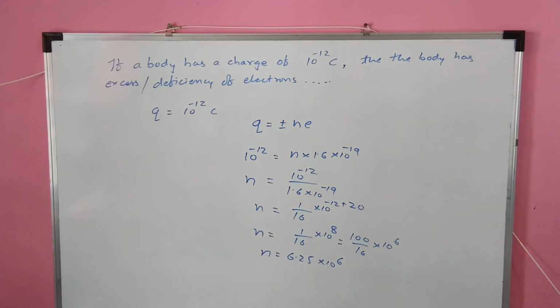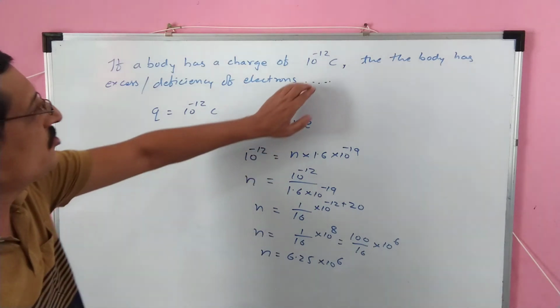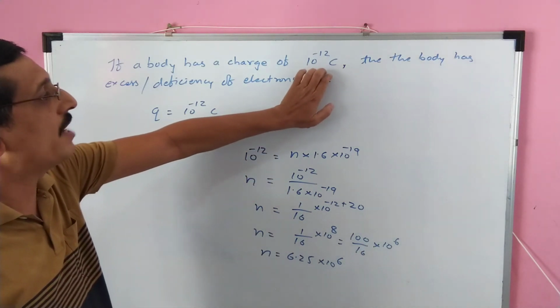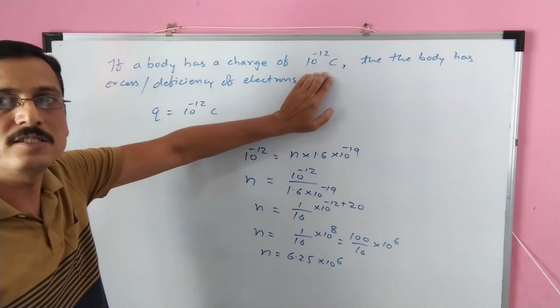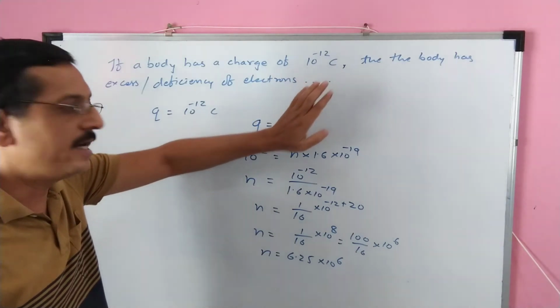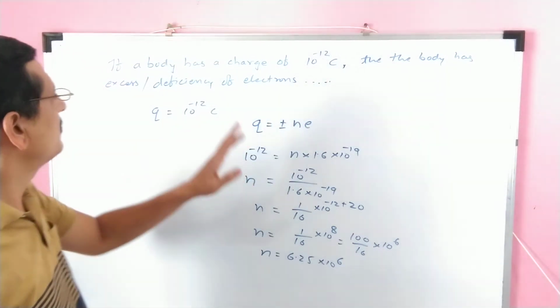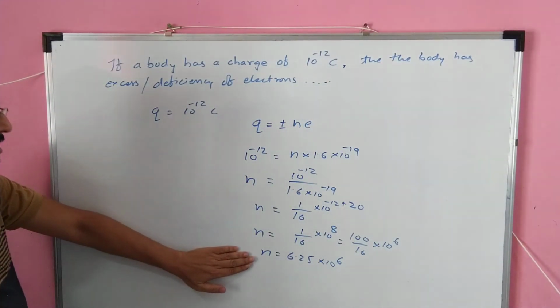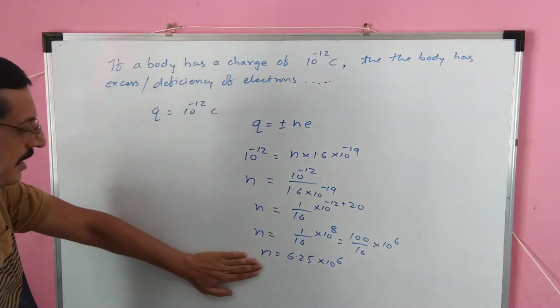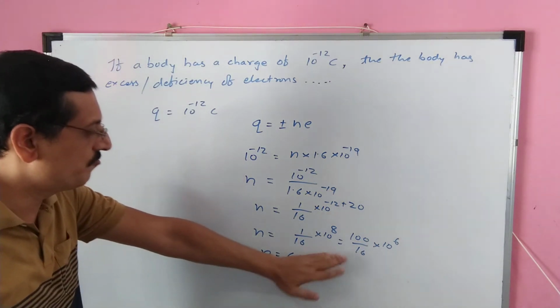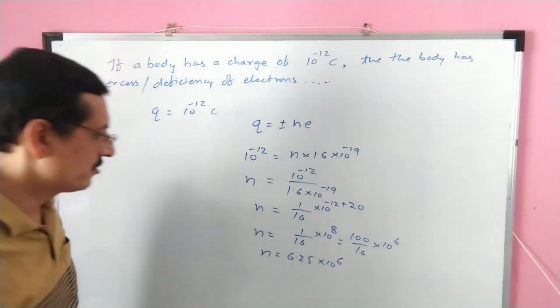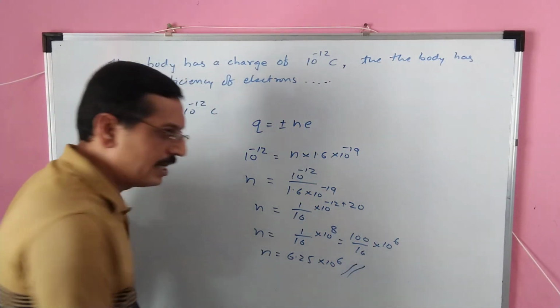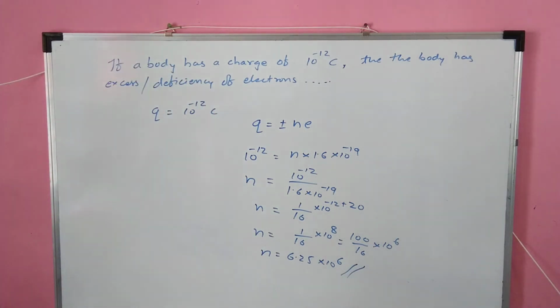Okay student, now check. The body has a charge of 10^-12 coulomb. If so, definitely it does not have excess electrons, it is a deficiency. N is equal to 6.25 × 10^6. So this is the N value, and this is nothing but the deficiency.